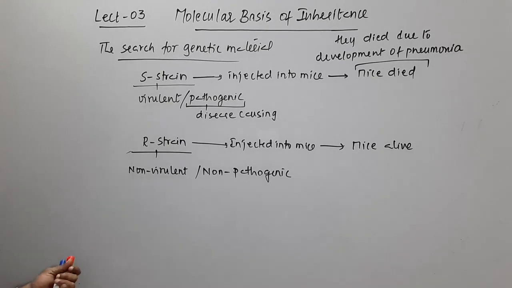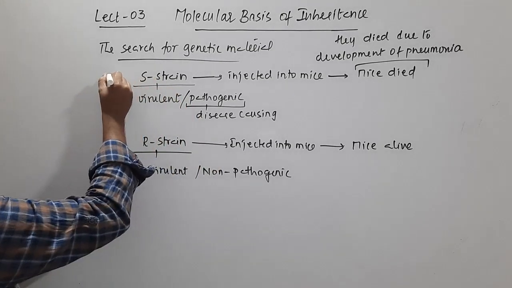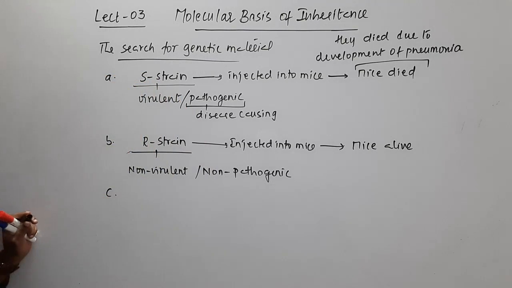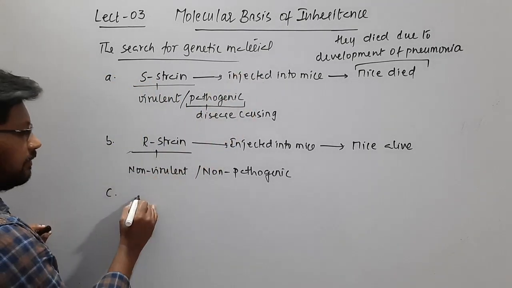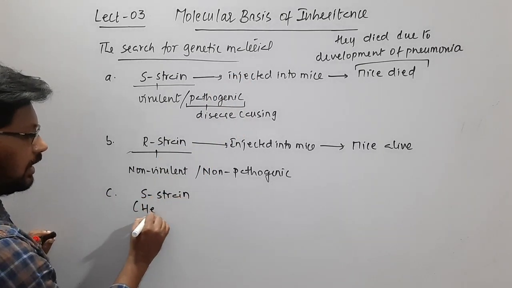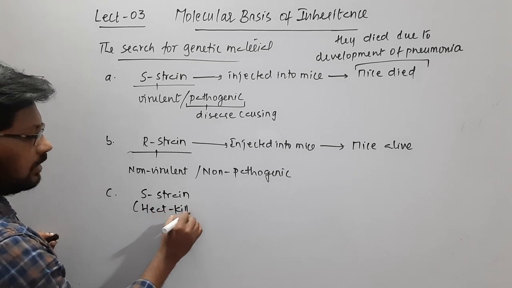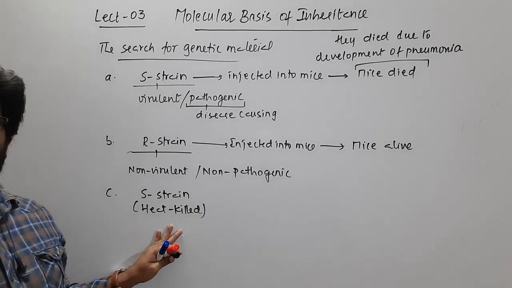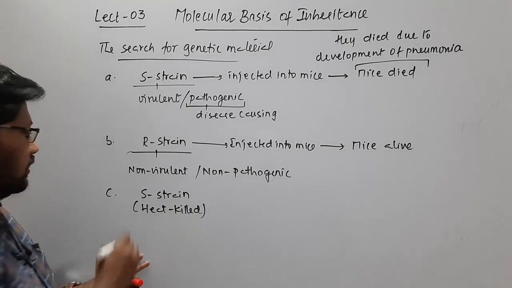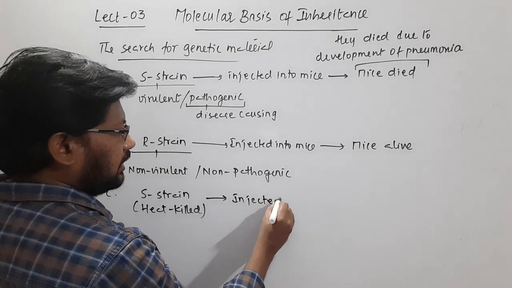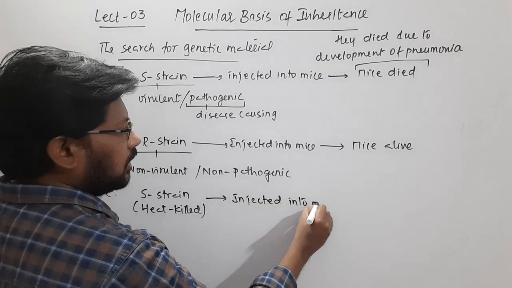So now later, what Griffith did is he took heat killed S strain bacteria. So he took S strain, but they are heat killed, meaning by exposing them to heat, he killed this S strain bacteria. Then after heat killing them, he injected them into mice.